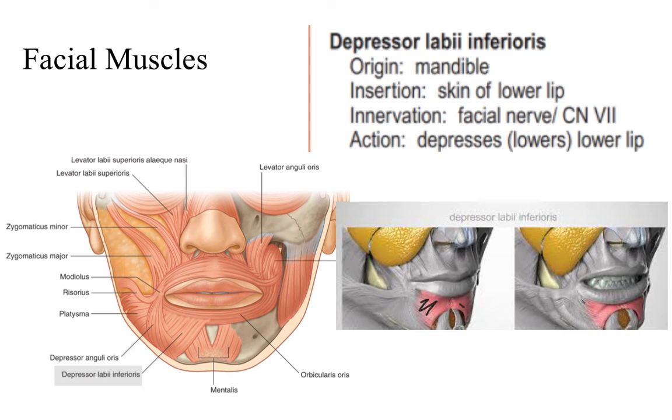Here are the muscles, and here are the lips in a resting position. We contract the Depressor Labii Inferioris, and we pull our lower lip down, and that's what it looks like. It almost looks like an angry face, baring our teeth. But if you think about all of the motions that would be required to produce words during speech, this would be a very important speech muscle. Again, supplied by cranial nerve 7.